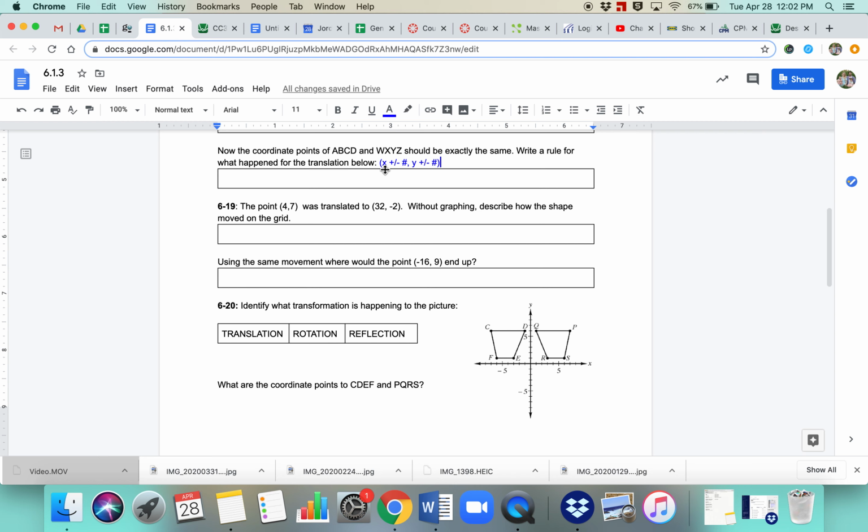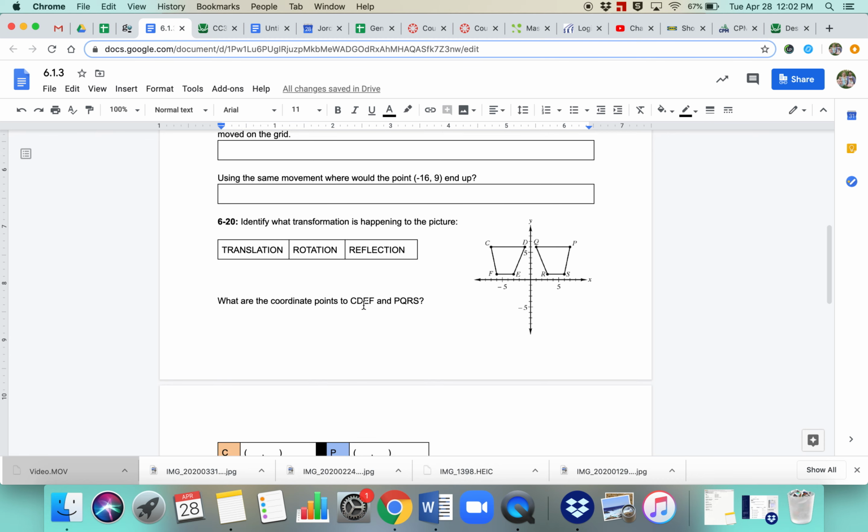So you're going to make the equation for 6-19 with what's happening for the first problem and for this problem. So now using the same movement, using the same equation, where would -16,9 end up after making this transformation?